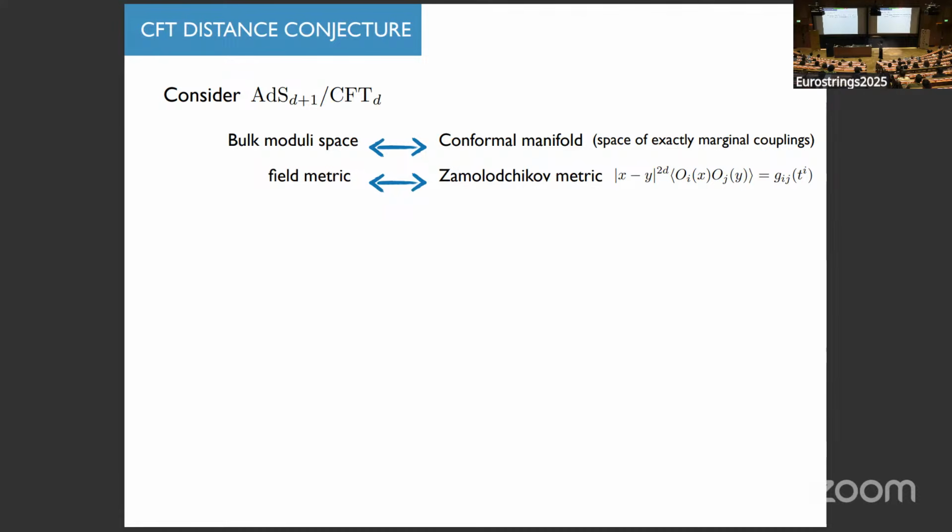So let's translate it. This moduli space I was talking about, the scalar field space, gets translated on the CFT side to the conformal manifold, the space of exactly marginal couplings. And the notion of distance, which comes from the field metric of the kinetic term, just gets translated to the Zamolodchikov distance, which is measured by the metric coming from the 2-point function of the marginal operators.